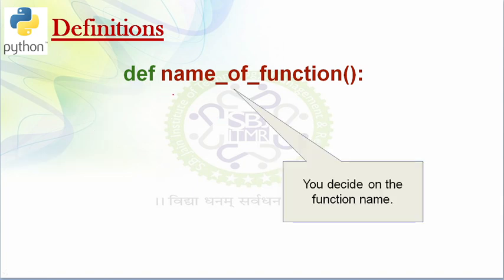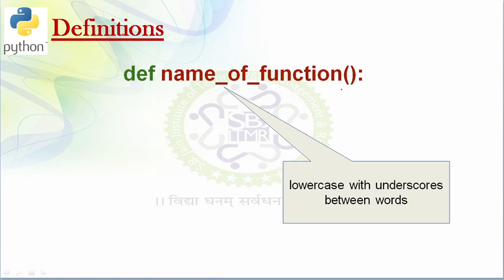Next is the name of the function. Once you write the def keyword, after that you have to define the name of the function. This is a user-defined function, so you can give any name which is convenient, or the name which properly identifies my function and its work.